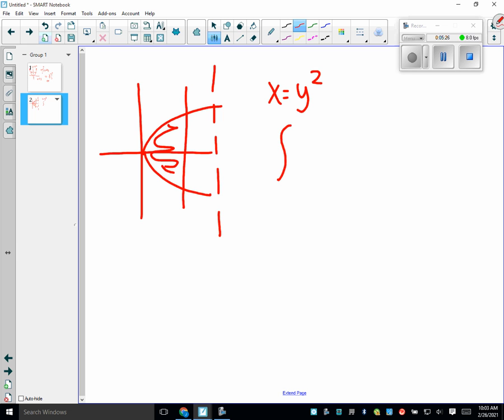My integral goes, because it's in terms of y, I'm looking at top and bottom, right? So my integral goes from here to here. All right? Does that make sense to you? You don't understand why it goes from there to there?